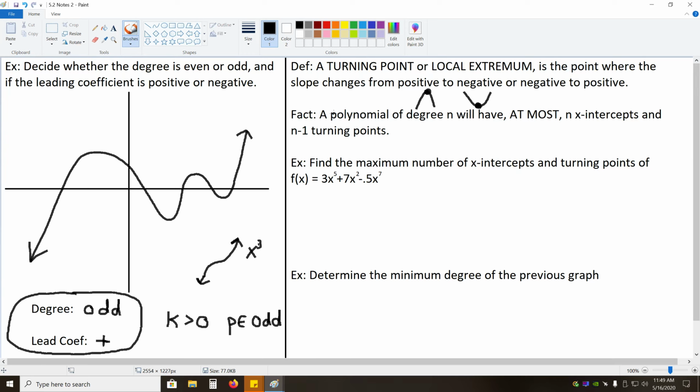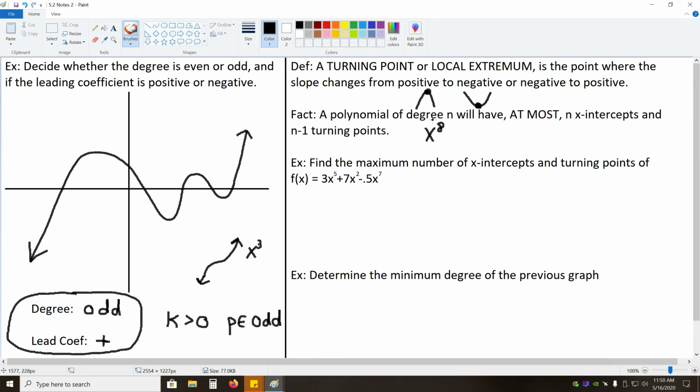So we say that a polynomial of degree n will have at most n x-intercepts and n minus 1 turning points. So for example, if we talked about that problem that we had at the beginning of this video where the lead term was x to the 8th power, that means the degree is 8.